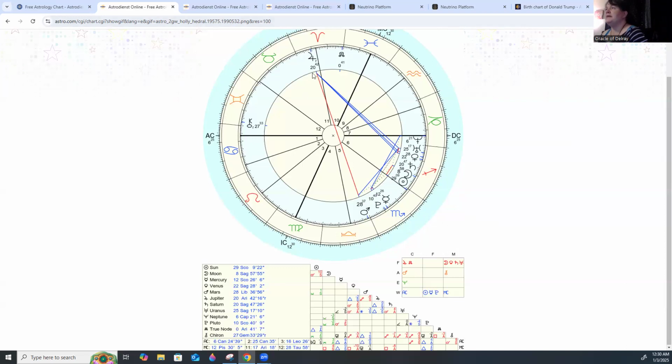So Jupiter is making a trine, or almost 120-degree angle, to my Venus in Sagittarius. In the sky, they're making a 120-degree angle with each other, with the sun as the point of origin, I think it's called in trigonometry.